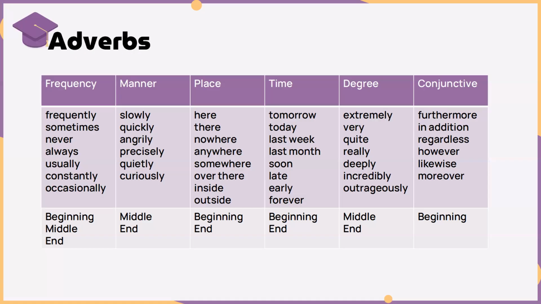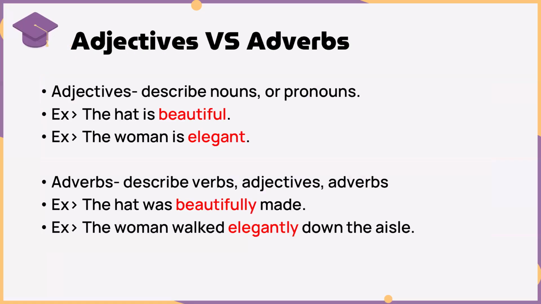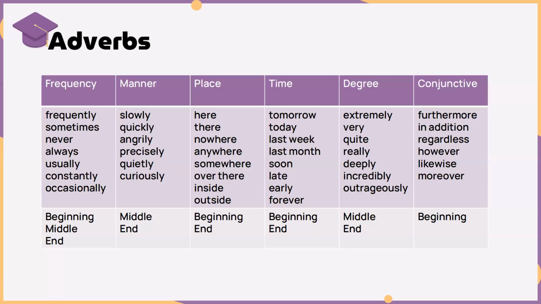So for example, furthermore, we can start at the beginning. Furthermore, I would like to analyze each product individually. Regardless of the situation, I would like to analyze the products individually. Perfect. That's for the different types of adverbs.